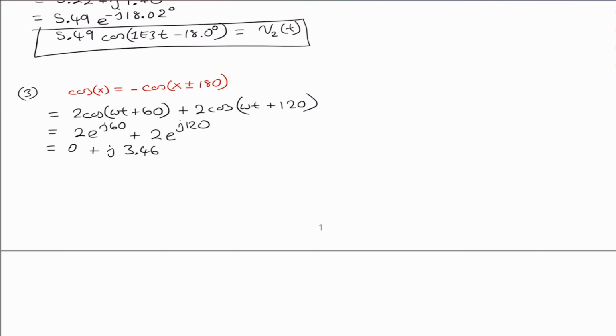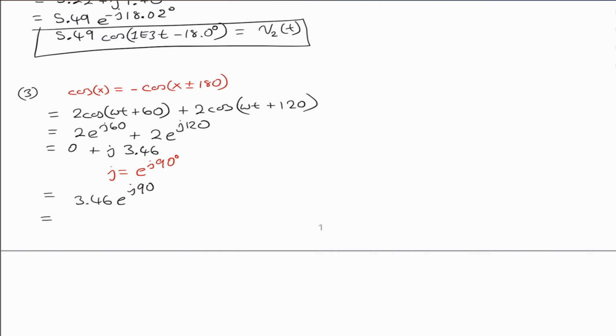So we can round that to 3.46. We need to use the identity that j is equal to e to the j pi over 2, or just 90 degrees. By using that, we can then go ahead and write that as 3.46 times the complex exponential j90.